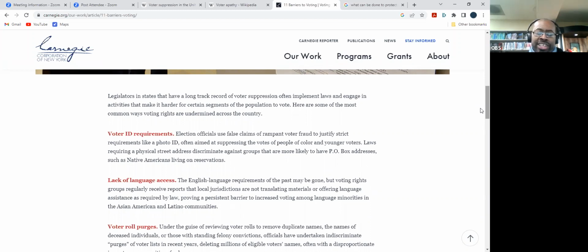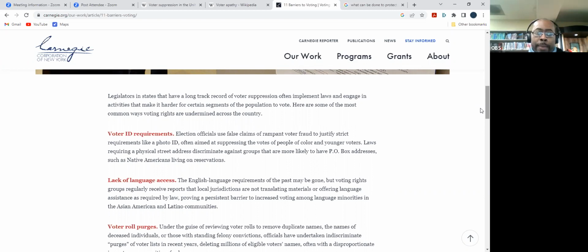That also targets our homeless neighbors as well, because a homeless person does not have a physical address. So that's a significant chunk of the population. So in these voter ID requirements, they require that you have a physical address and you cannot use a P.O. box.